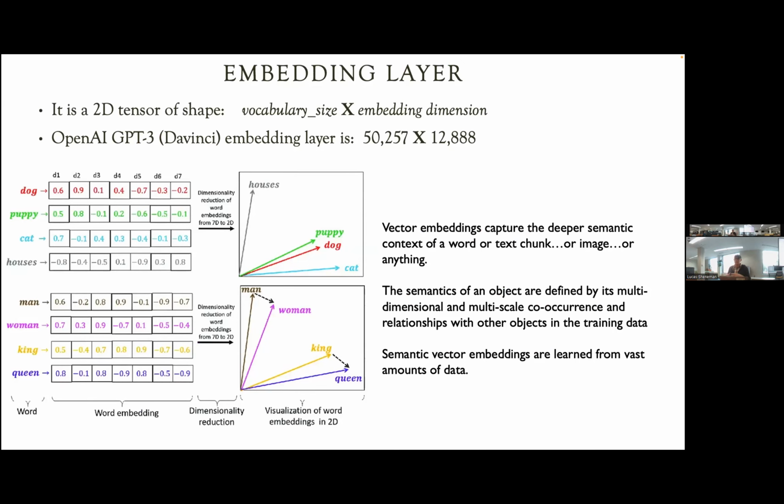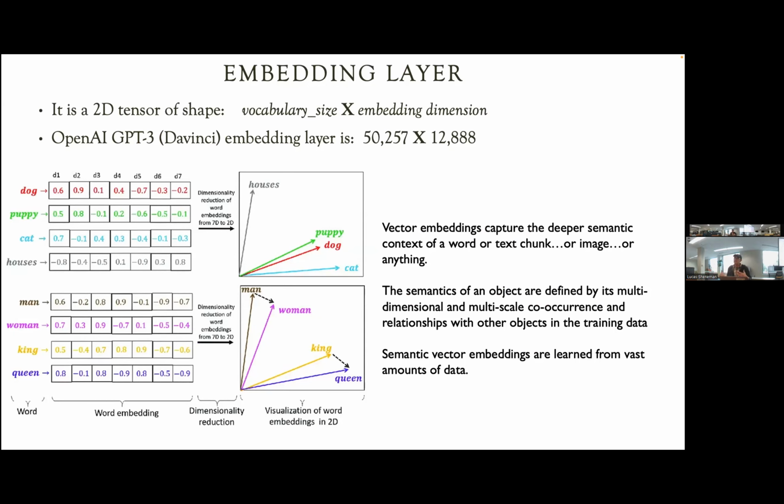It's derived by looking at multi-scale co-occurrence of that object in sequences. So when I say objects, we'll say it's a word. Where does this word appear in your language corpus relative to everything else?